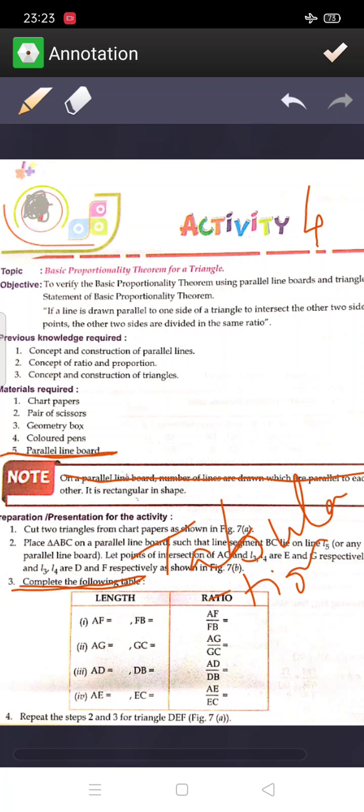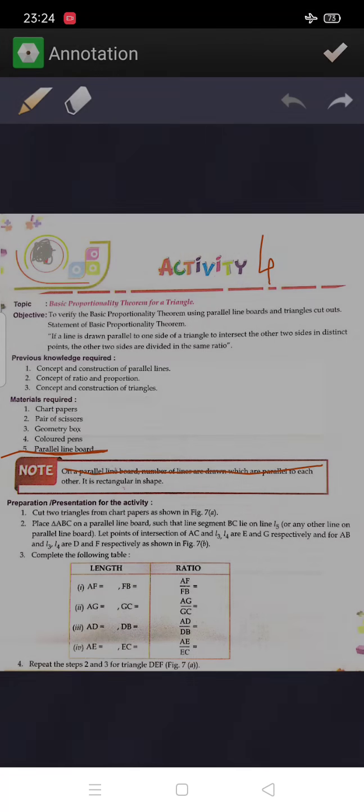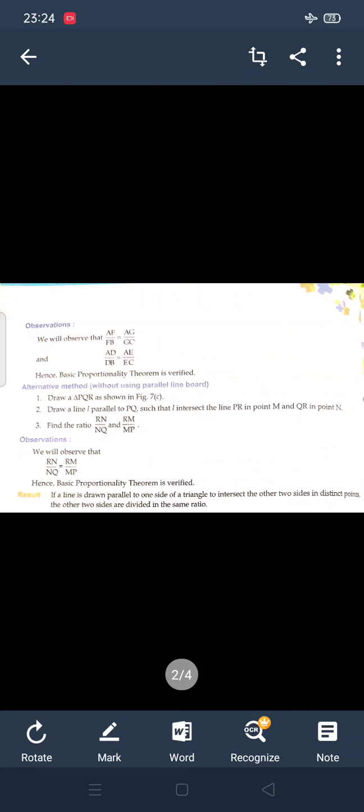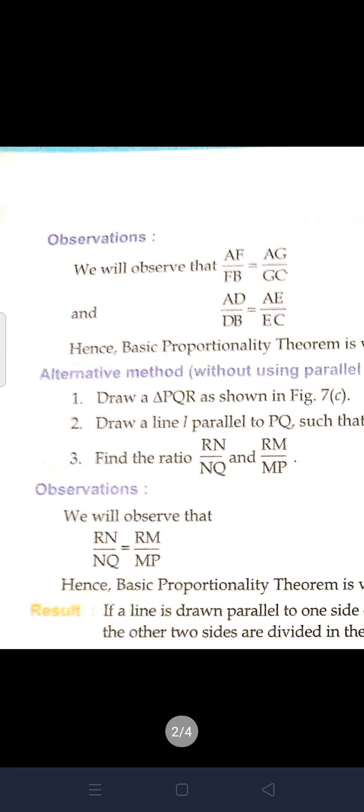That will look nice, correct? Where you have all the tabulations of the measurements of the lengths and the comparison. Then the next, you have observation. What are you observing? We will observe, but you have also already observed. So you will write, we observed. They are same.